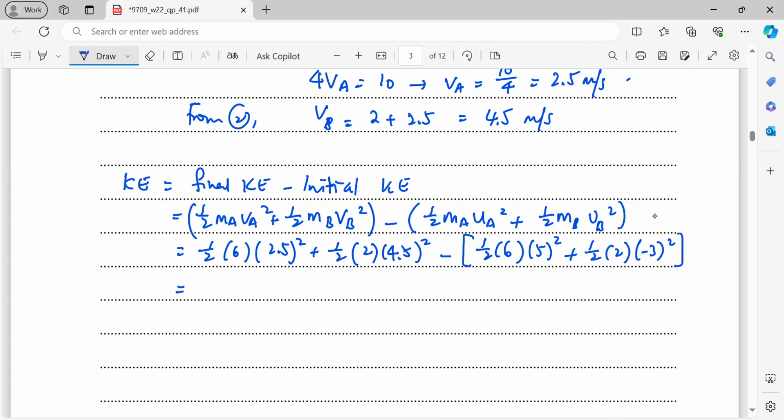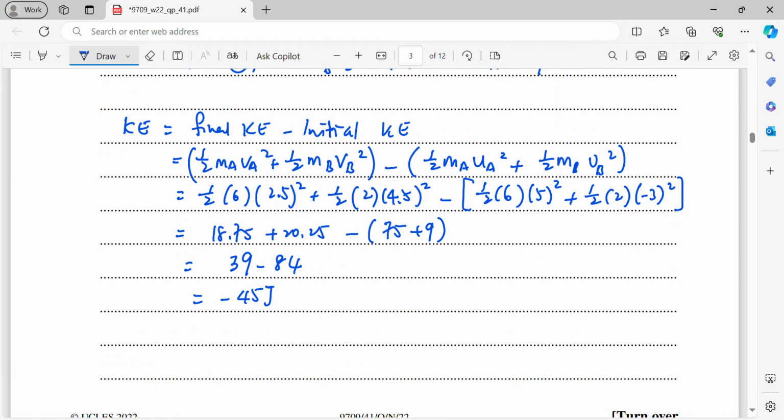Then from here you will get 18.75 plus 20.25 minus 75 plus 9. Then here it will be 39 minus 84, ending up with negative 45 joules. Because of the negative value for the kinetic energy, that is a loss. So the loss of kinetic energy is 45 joules.